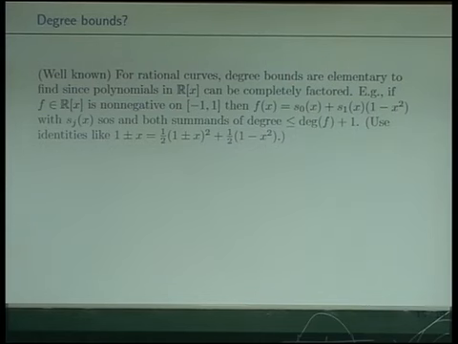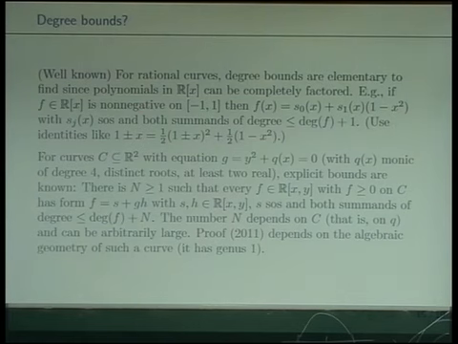For example, here, you use identities like this. So 1 plus x is non-negative on this interval. You can write 1 plus x using degree 2, and so this is a square, and this is another, 1/2 times this one.